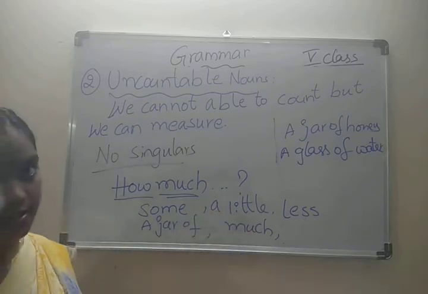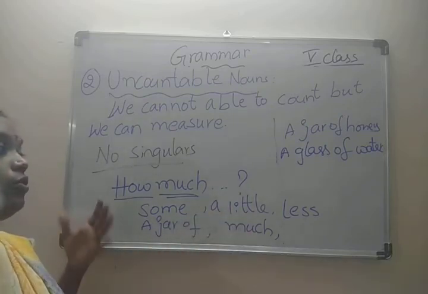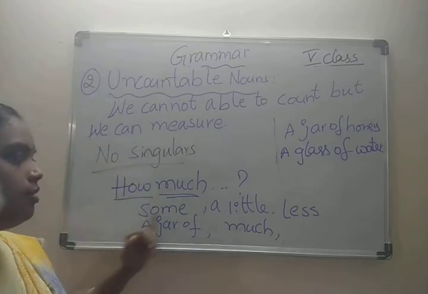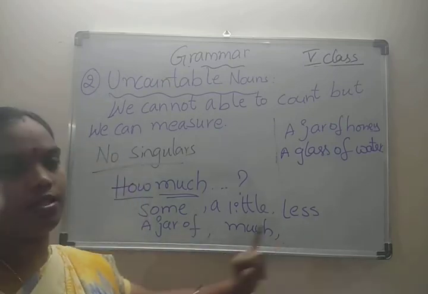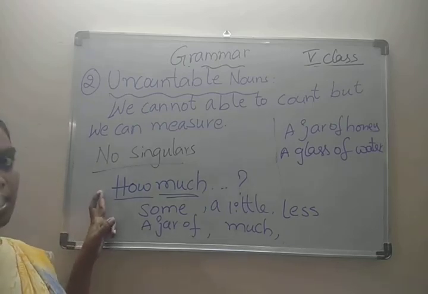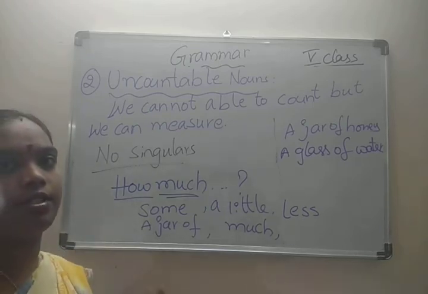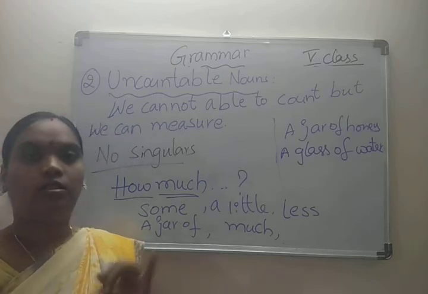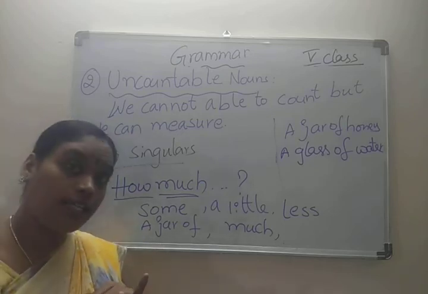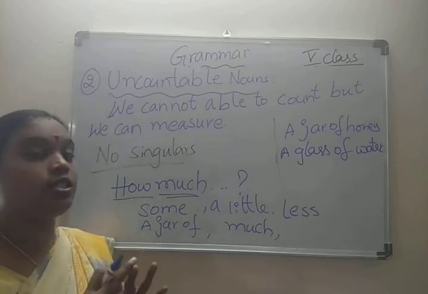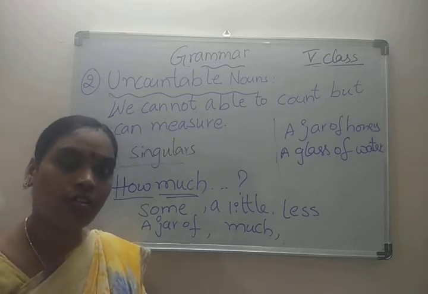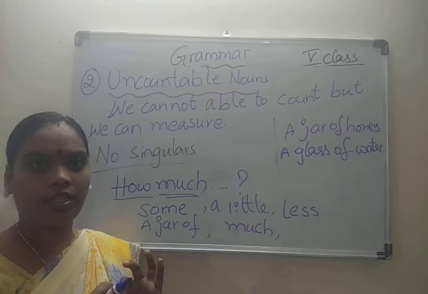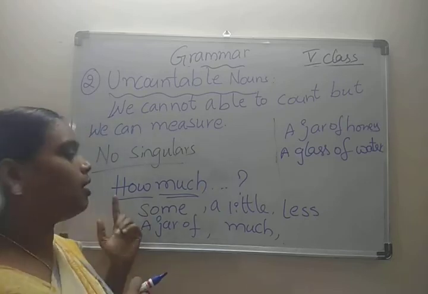So: some, a jar of, a little, much, less. The question form is how much. This is about uncountable nouns. How much rice is in the bowl? How much honey is in the jar? How much ghee is in the fridge? We start every such question with how much.